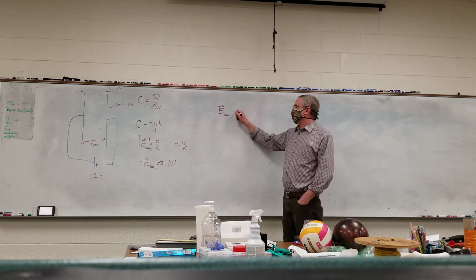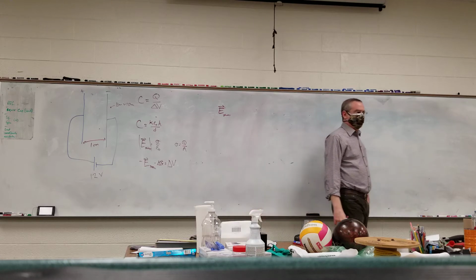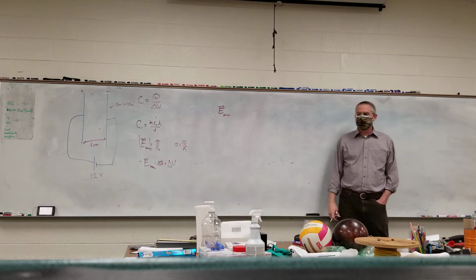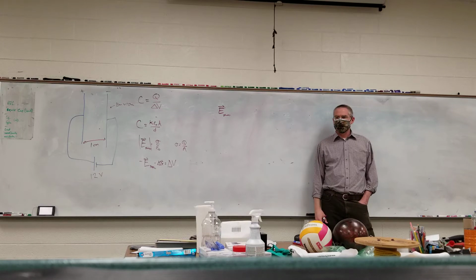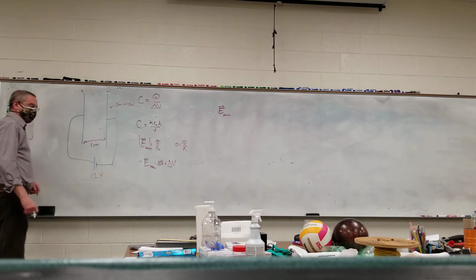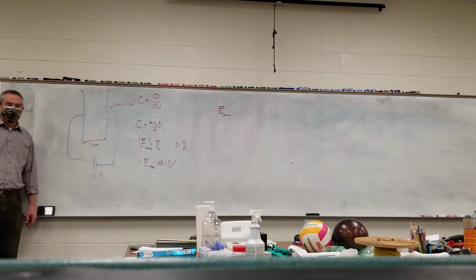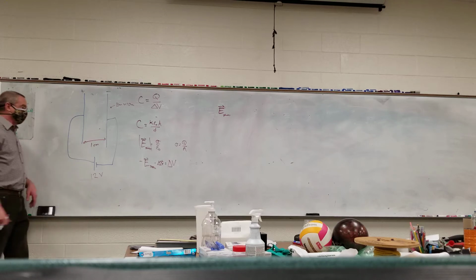So I know it's going to be my potential difference. Well, what is the potential difference between my two plates? -12. Depends on which way we're going, okay? It's -12 going from which plate to which plate? From the positive to the negative? No. Like you mean it. From the positive to the negative. Yeah, there we go.